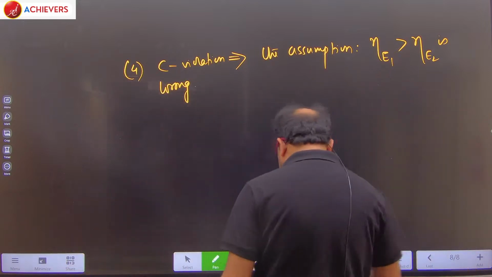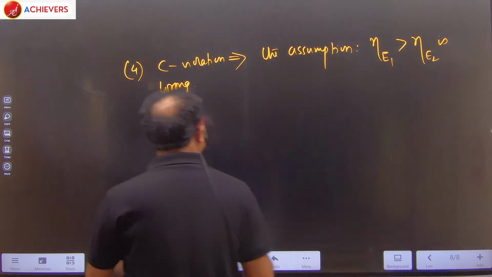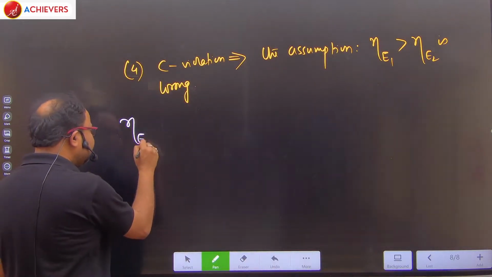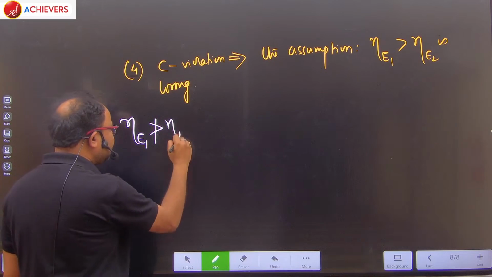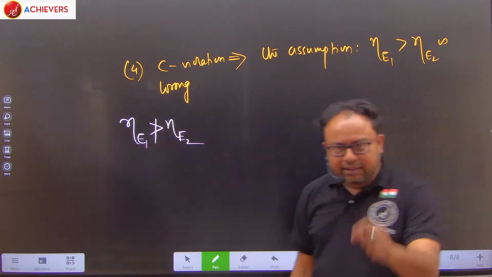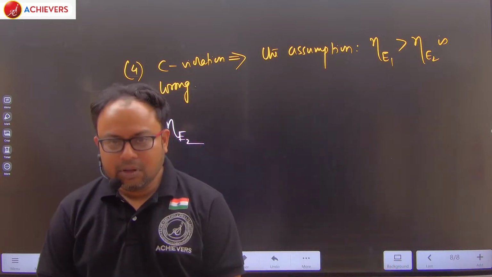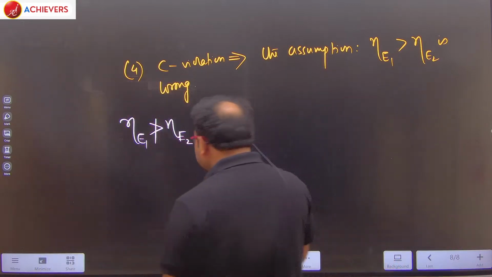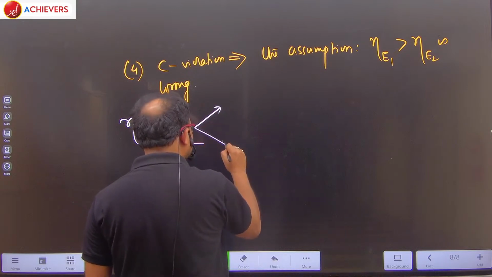Now, if this assumption is wrong, dear students, that means eta E1 is not greater than eta E2. So obviously, you have got two options.